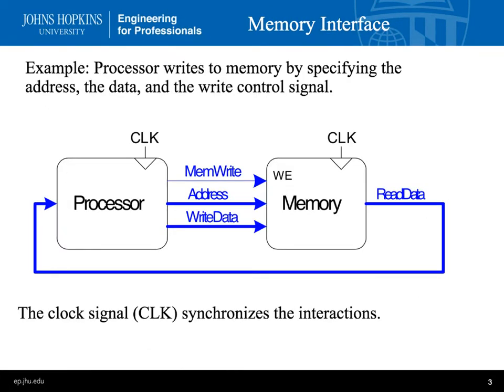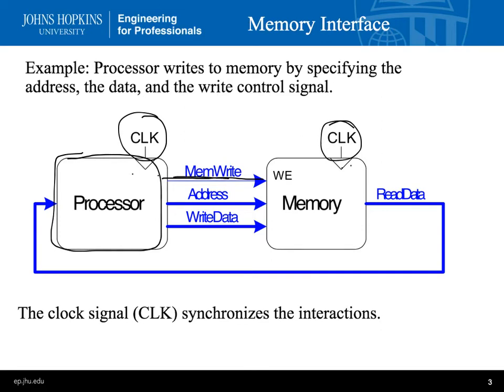So we've been talking mostly about the processor so far. Just like our processor operates on a clock signal, so does memory. At the beginning of a cycle, we're going to send data to memory, and at the end of the clock cycle, it will be in memory. So they both have the clock.